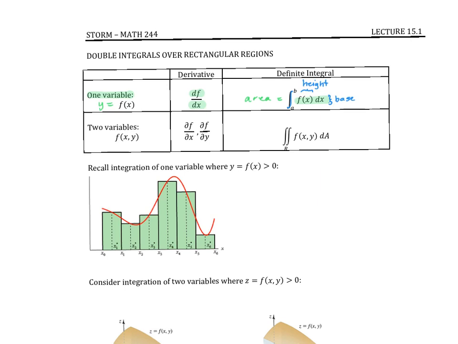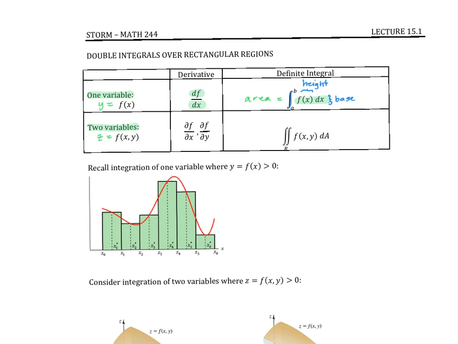So let's look at what happens when we have iterated or double integrals. Well, now we're dealing with a function of two variables, and that would be our z function equal to some function with the independent variables x and y. And recall from your previous calculus class that when we take the derivative of a function of two or more variables, you have to do the derivatives separately.